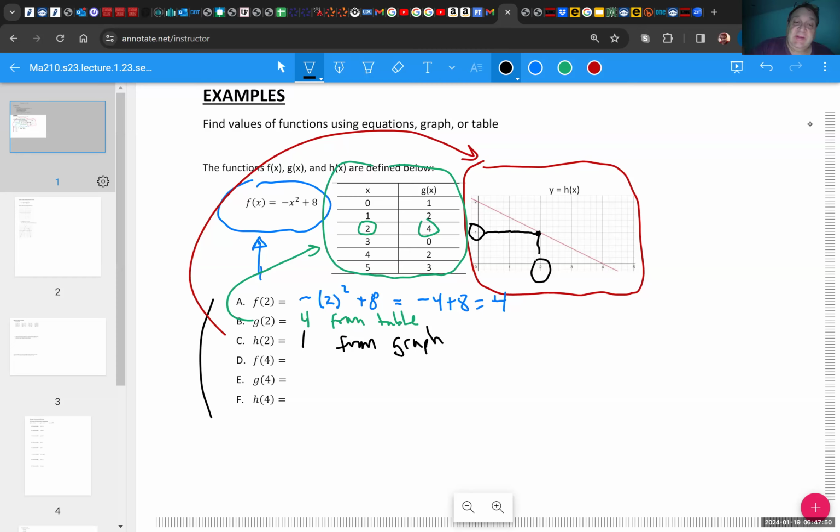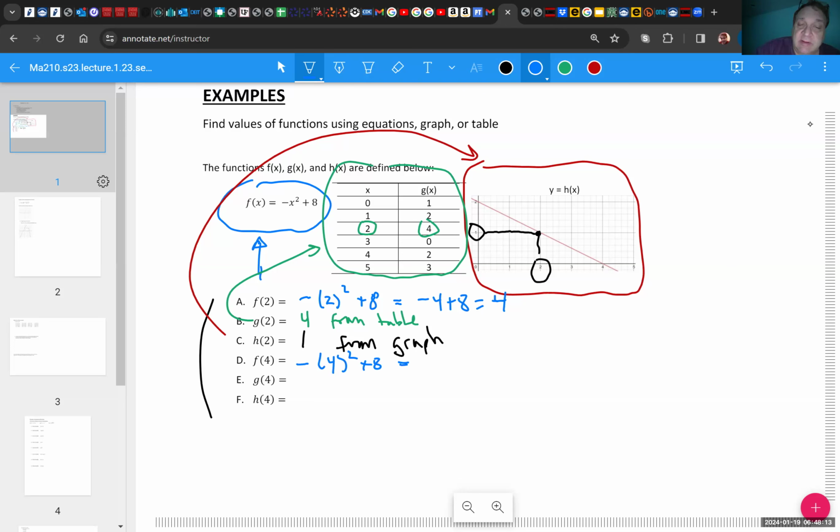All right, question D, f(4). That goes back to the f function. Once again, remember to pause and try things. So if you didn't pause for A, B, and C, maybe now pause for D through F. All right, so for f(4), I'm going to plug in the 4 value into the f function. The f function is written as an equation.